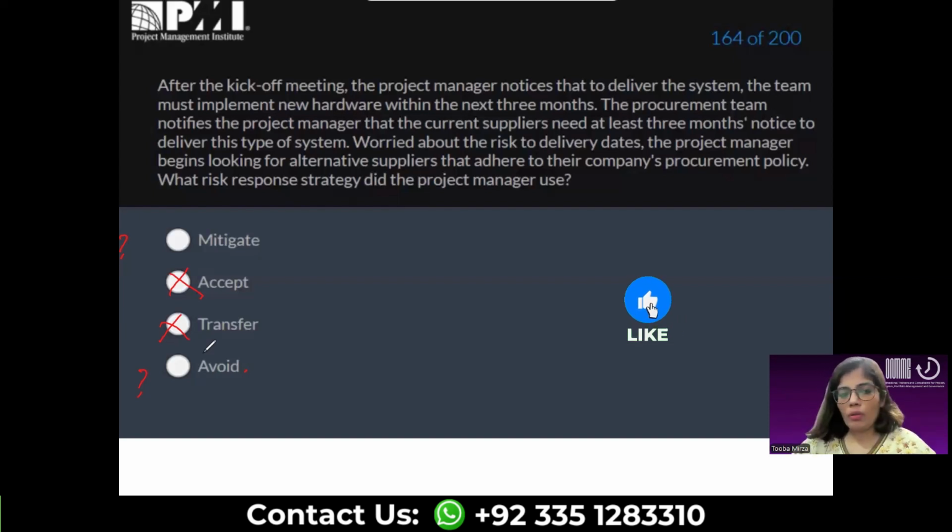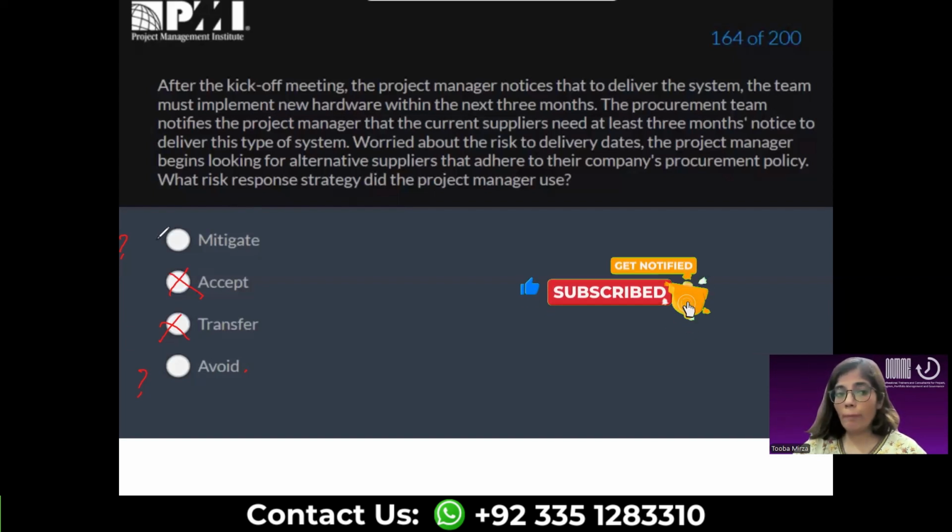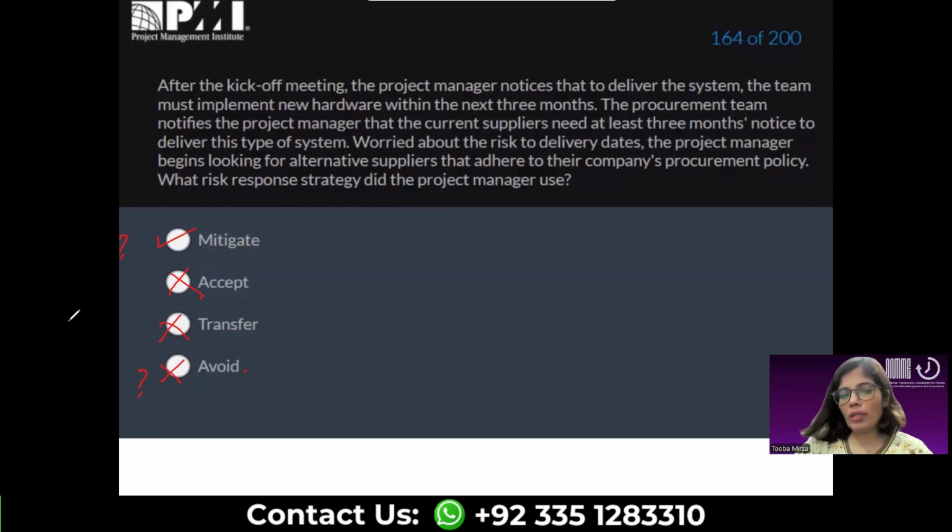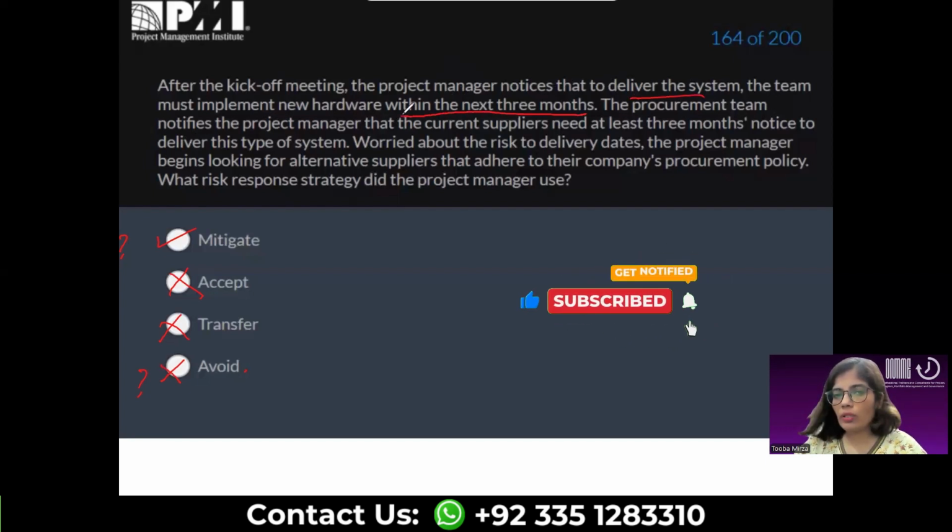Okay. The answer to this risky situation is mitigate and not avoid. Now let me explain why. The situation is that the project manager has to deliver the system, and the constraint is that this is your project constraint, that you want it within 3 months.